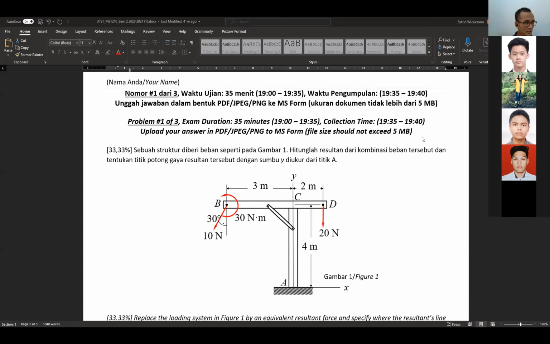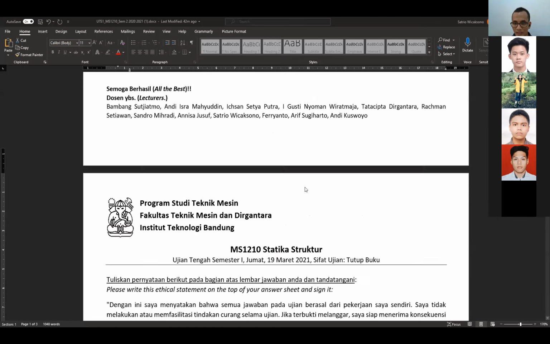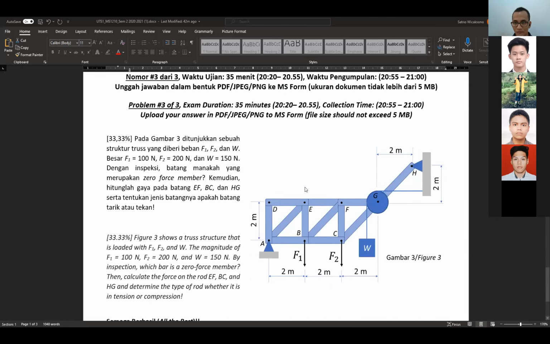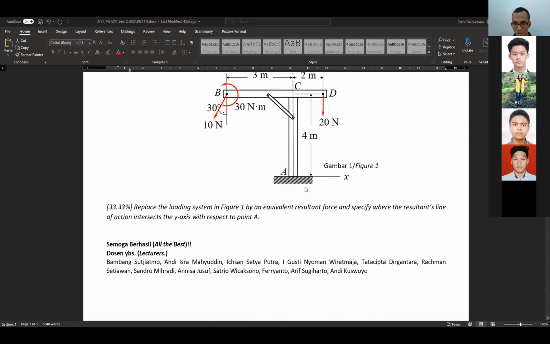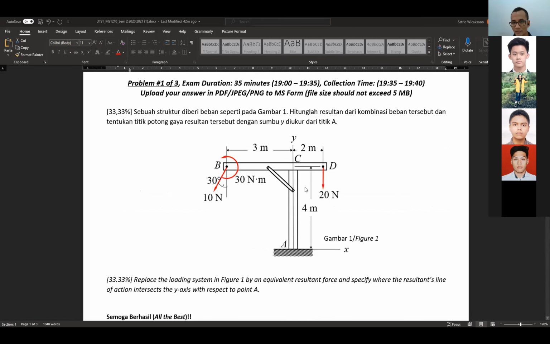The current problem, if you see here, is quite new, and you will not be able to find it in the book or on the internet, because we created this problem ourselves.